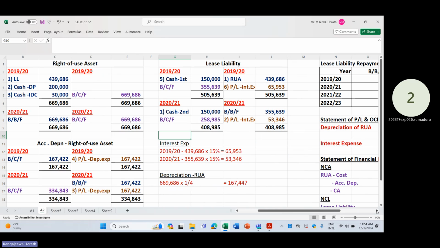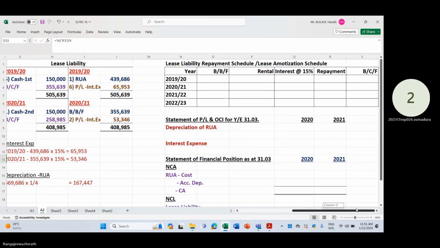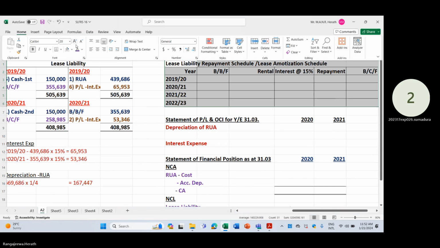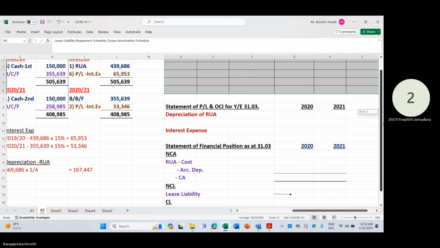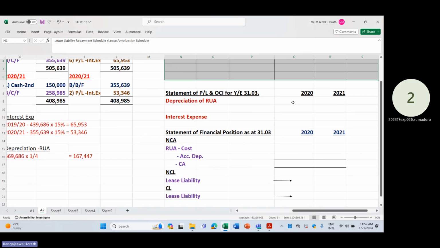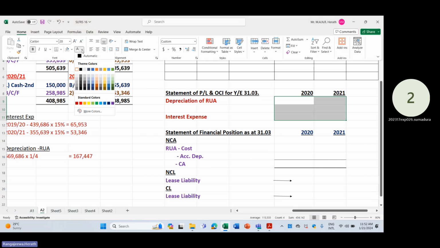So then we can find the financial statement extract. You are asked to prepare the financial statement extract. So the interest for the first year 65,000, second year 53,000. Depreciation expense 167,000. The depreciation and the interest you can take from the ledger accounts.